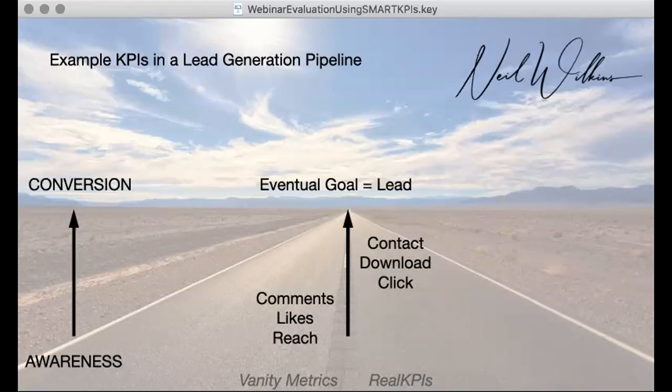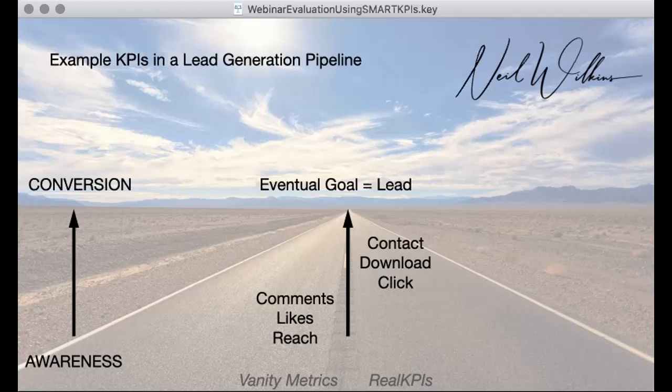So, from the first time they see you at an event or they spot an ad that you've posted in social media or whatever it is, from that very first point in time, all the way through to them saying, do you know, I'm interested enough to click this button. Yeah, I'm interested enough to pick up the phone and say, yeah, come and visit me. Or I'm interested enough to put my credit card details in and press spend. In other words, the conversion point.